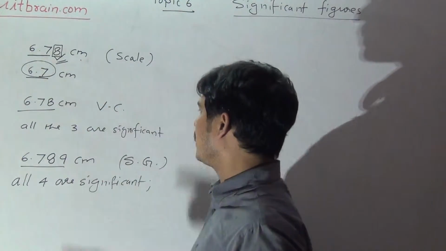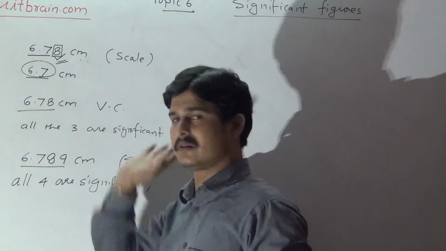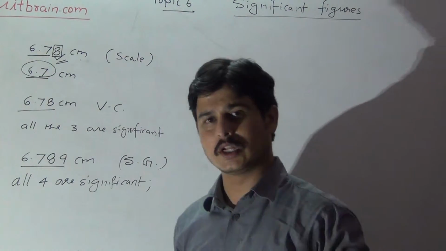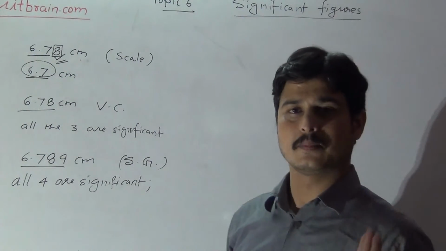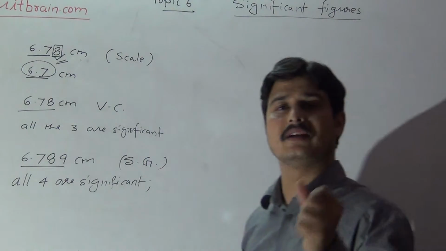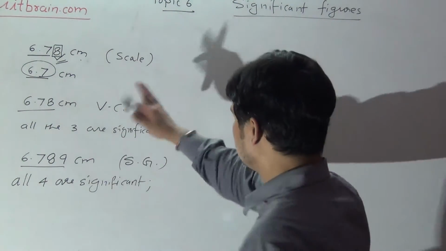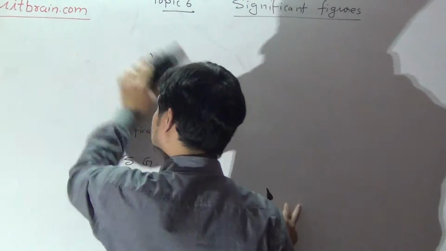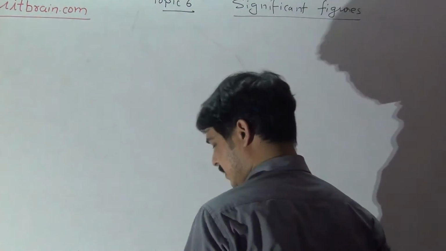In 6.78 centimeter by vernier calipers, all the three figures are significant. But if 6.789 centimeter is measured by screw gauge, then all the four figures are significant figures. So significant figures is a topic associated with the quality of apparatus. So this is a common discussion about significant figures with apparatus used in the measurement.